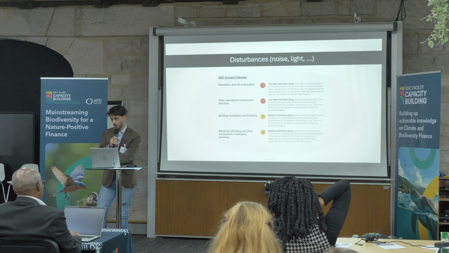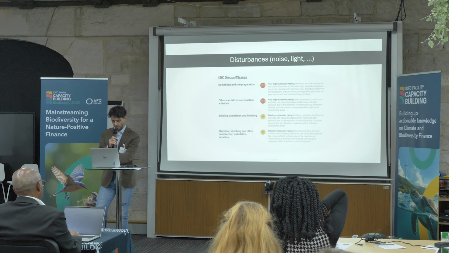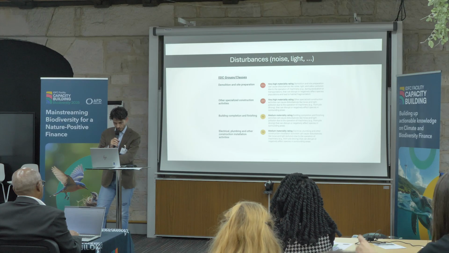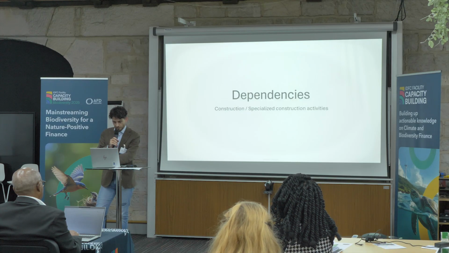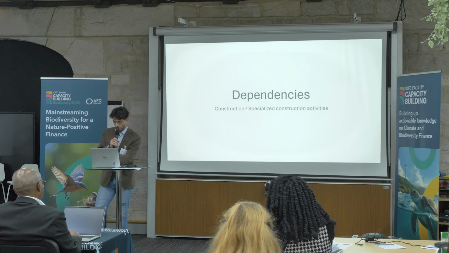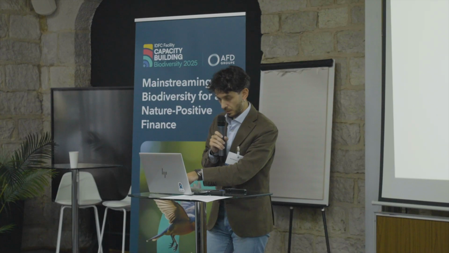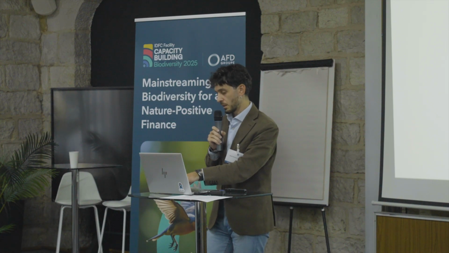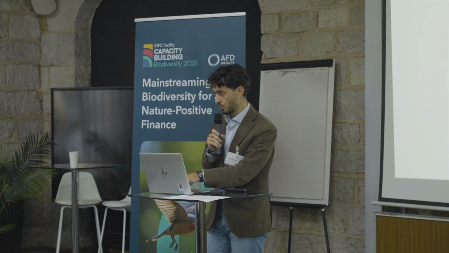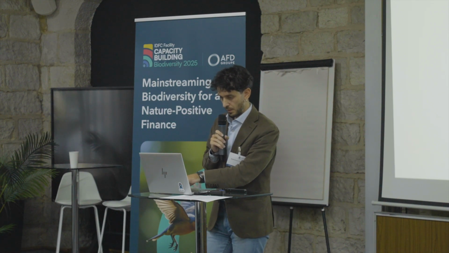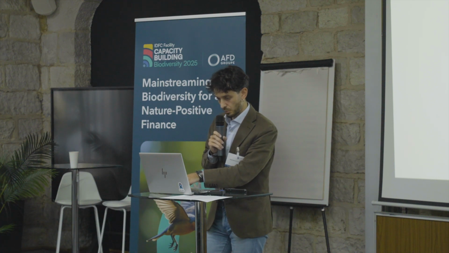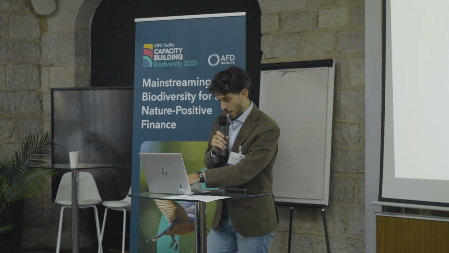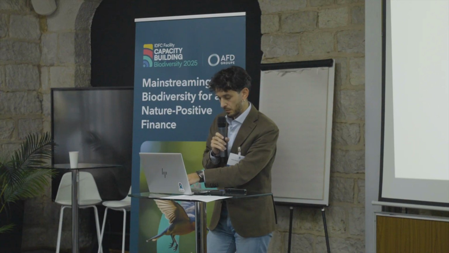And then, of course, disturbances in terms of noise and light. We have also identified a few dependencies on nature for these activities. For example, rainfall patterns may influence the activities, and there is a very high materiality rating that this could happen. Water supply again, and the global climate.